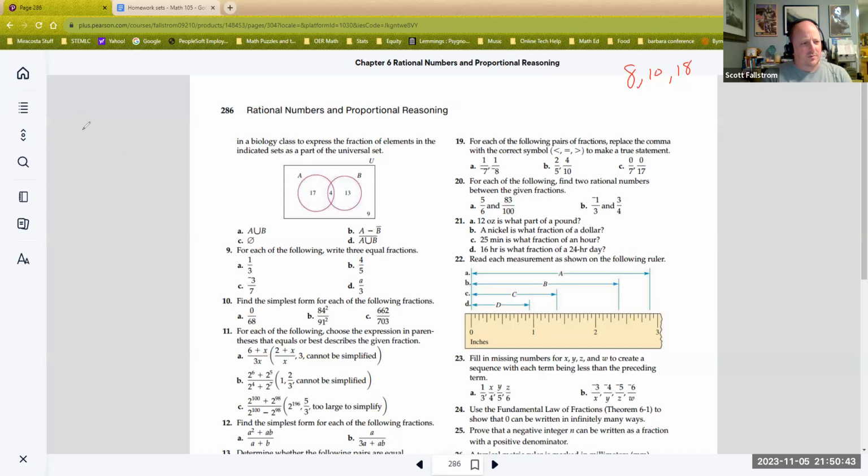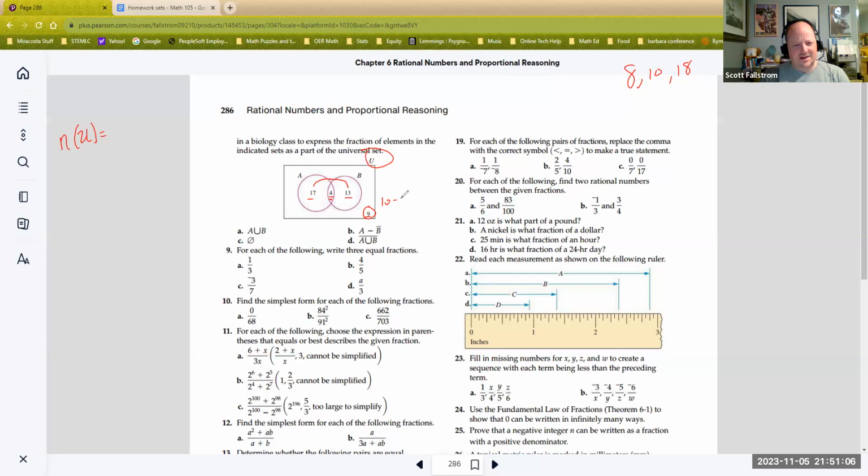So when we're looking at this, we have the universal set listed out here. So the number of things in the universal set is 17 plus 4 plus 13 plus 9. Well, 17 plus 13 with compatible numbers gives me 30, plus 4 is 34, plus 9.